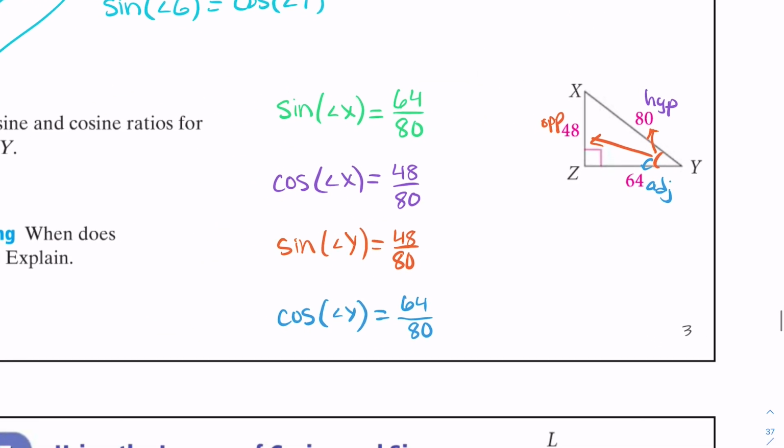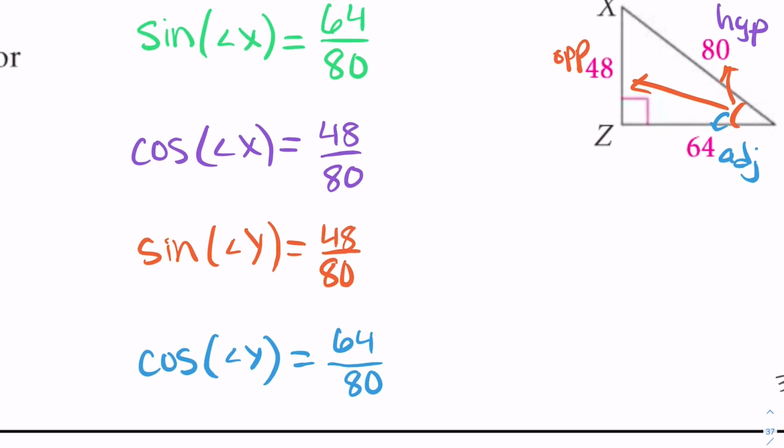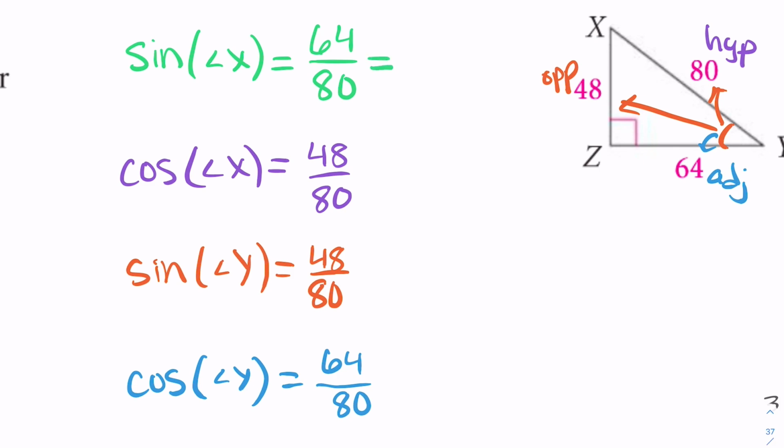What I do need to do is simplify them. So I would really like to see what I can simplify this to. I'm thinking this ends up becoming 4/5. 64 divided by 8 is 8. 80 divided by 8 is 10, which ends up giving me 4/5.